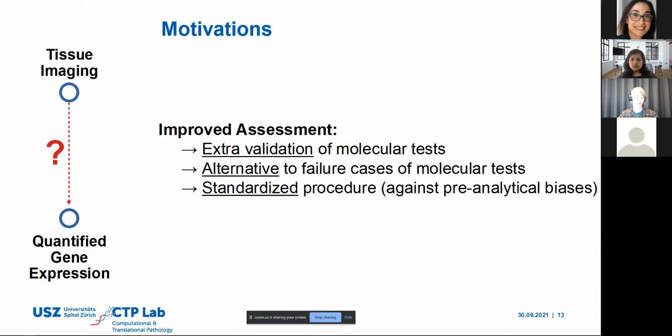There are a few motivation points. The first one is that this could be used as a complement, as an extra validation of existing molecular tests, and those molecular tests sometimes fail. So it's always better than having nothing if it's possible to have an equivalent prediction from the image data.